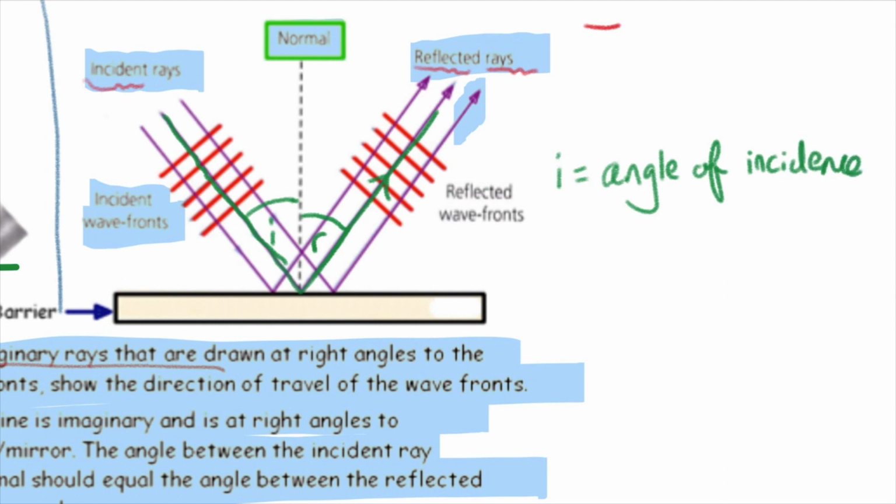If you've got your protractors on you, I'd want you as well to measure that angle, and R, angle of reflection. So you're going from a real life video there to what's on paper. Hopefully that makes more sense now.